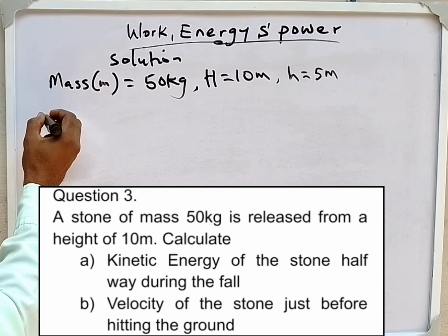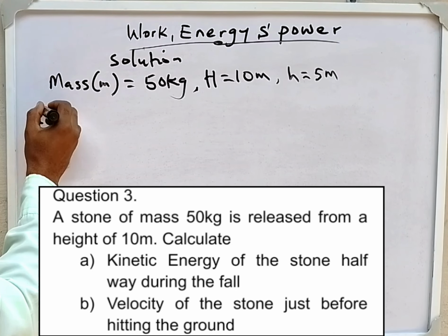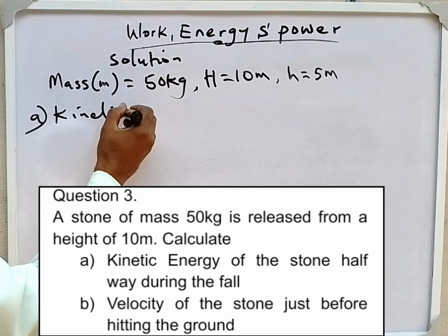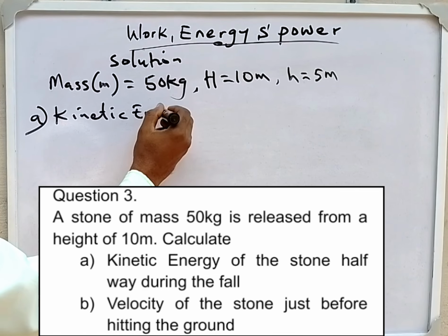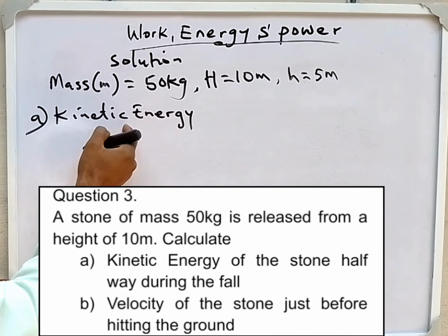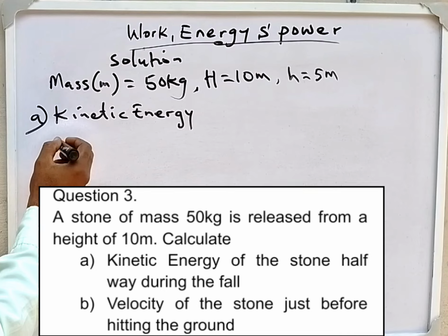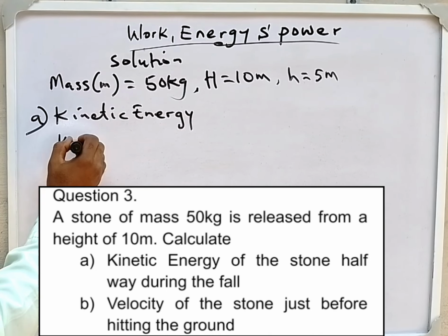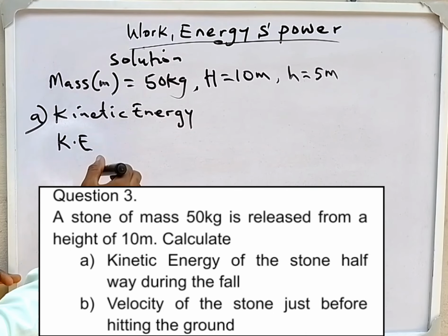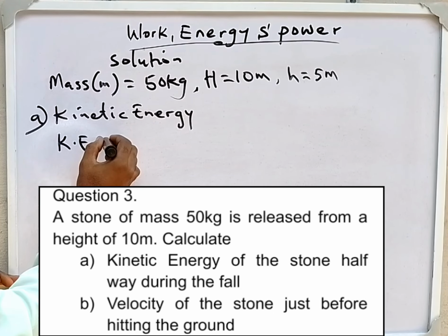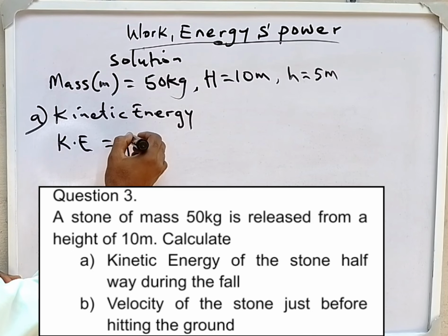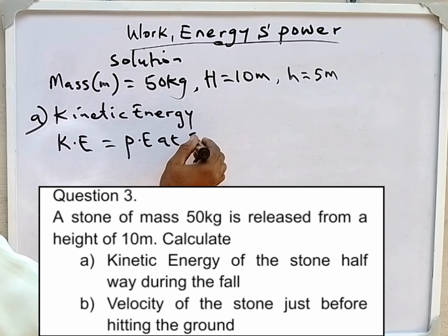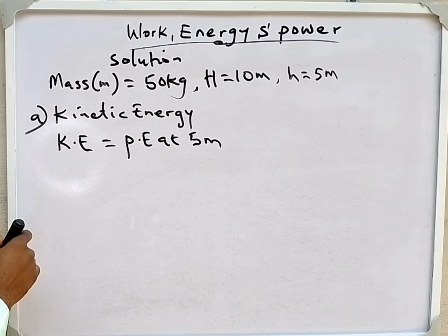So we'll take the first, A, says calculate kinetic energy. Now, for us to find this kinetic energy, we are going to note that the kinetic energy of the stone as it falls halfway must be equal to PE at 5 meters.